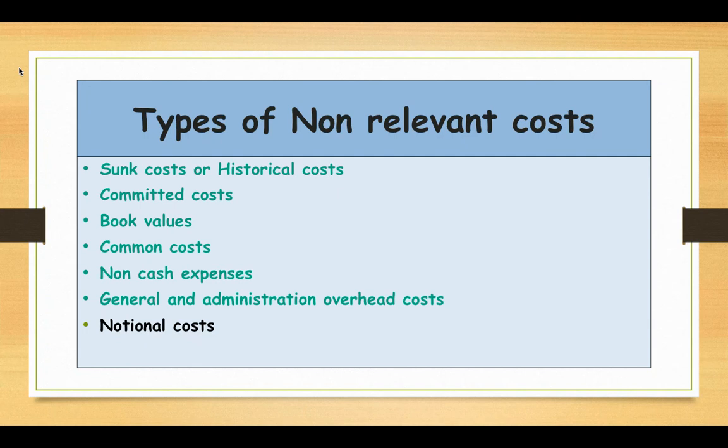That means if a cost becomes a relevant cost, that cost cannot be a non-relevant cost. If I say that again, a cost item in one situation cannot be both relevant and non-relevant cost at the same time.